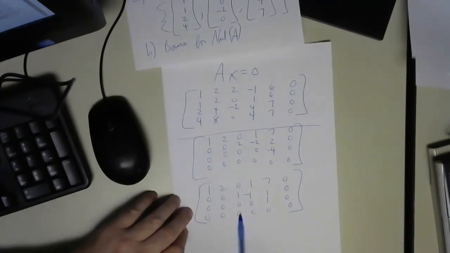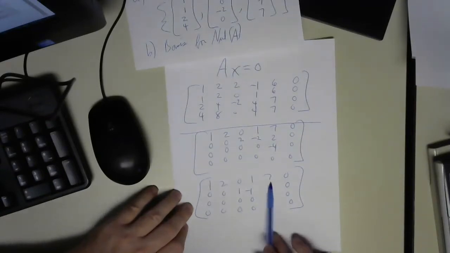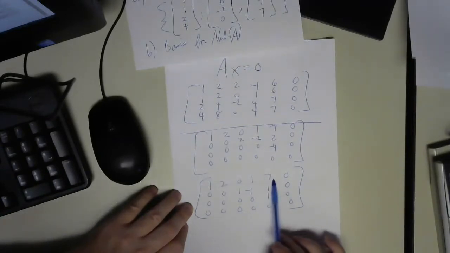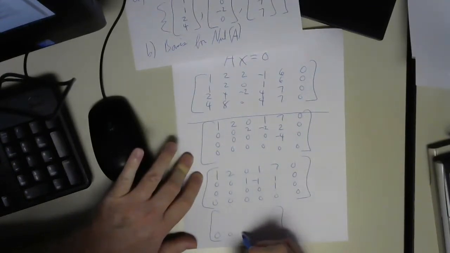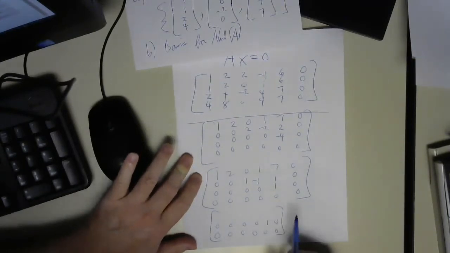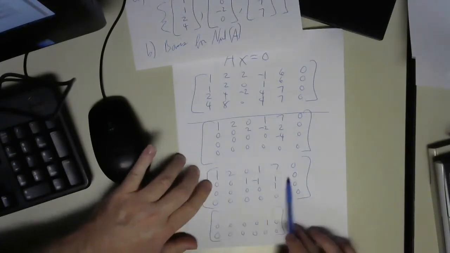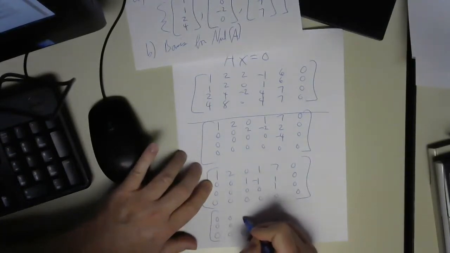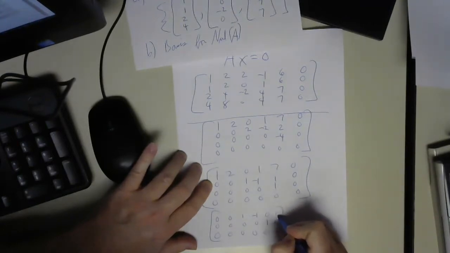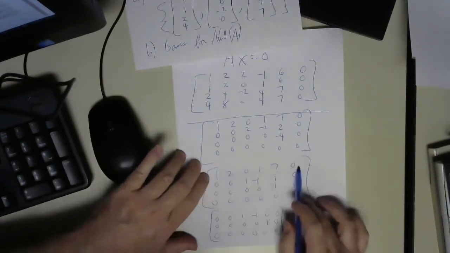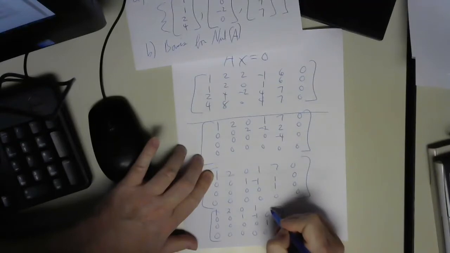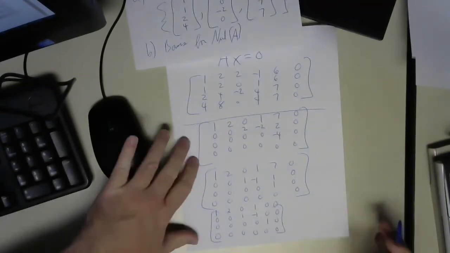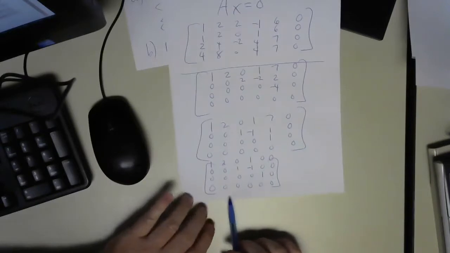All the elements that aren't 1s are 0s, but this is our last pivot column, and we need to get rid of this element and this element. Okay, so we're almost there. So I'm just going to say negative row 3 plus row 2. And then -7, row 3 plus row 1. So that is in reduced echelon form.